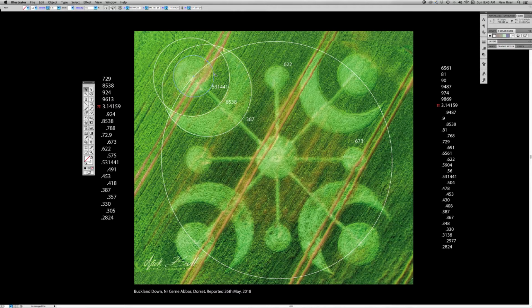And that circle there is the same as this circle here.